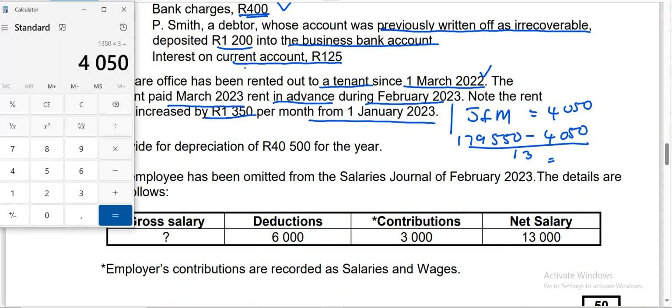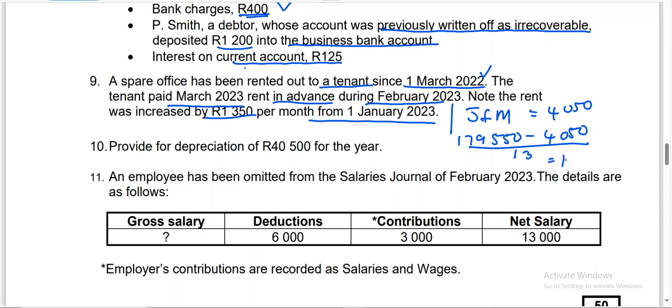So 179,550 minus 4,050 gives me 175,500. Then I divide it by 13, and it gives me 13,500. So before the rent was increased, they were paying 13,500.